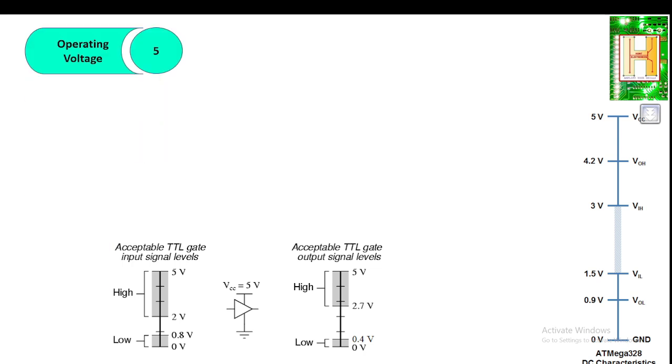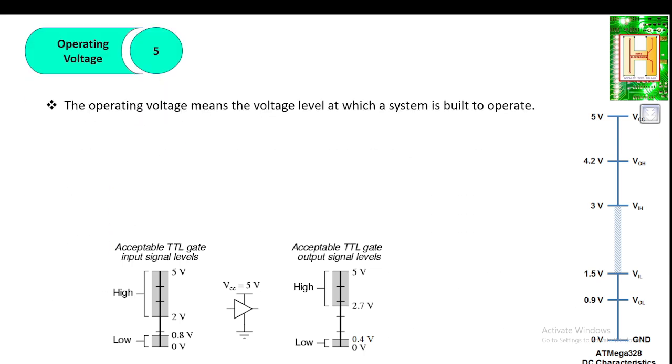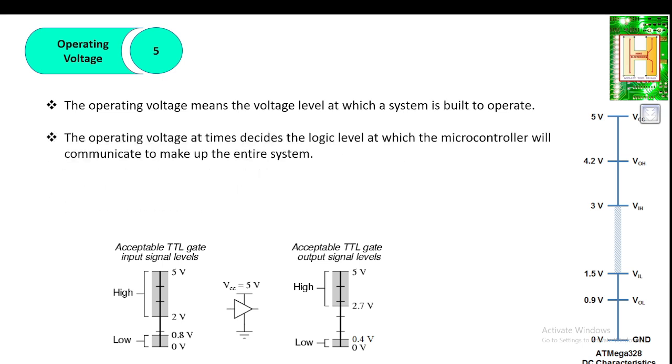Next is the operating voltage. The operating voltage means the voltage level at which the system is built to operate. The operating voltage at the same time decides the logic level at which the microcontroller will communicate to make up the entire system. Below you can see there are different types of levels.